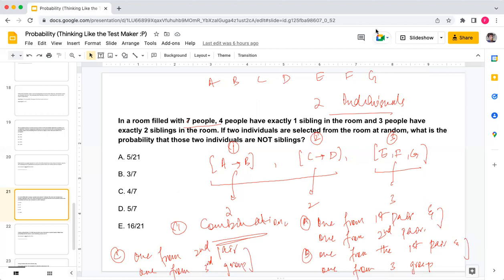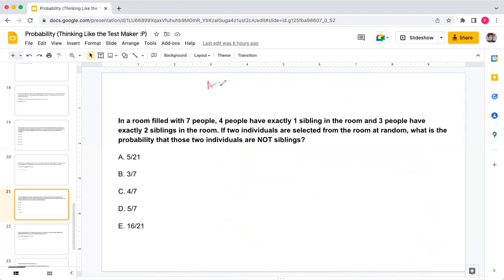Okay, let's see in the question. We have A, B as the first pair, C, D as the second, and E, F, G as the third one. So what are the favorable outcomes?